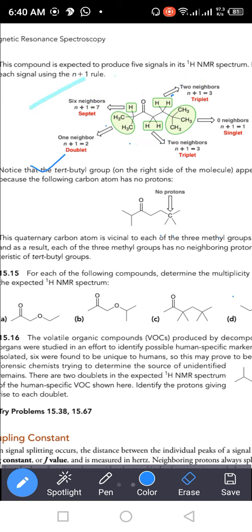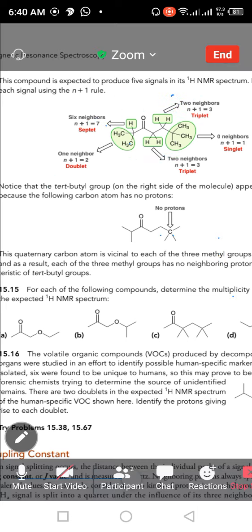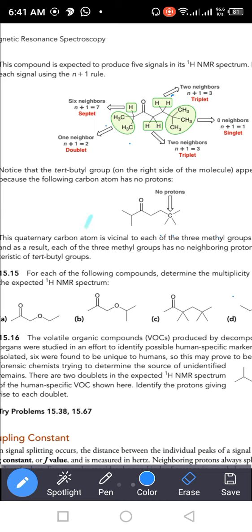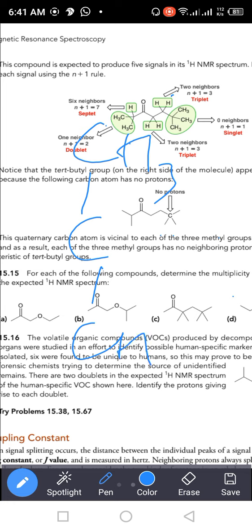Because these 9 protons have the structure I am just drawing here: CH3, CH3, CH3, and this carbon is connected to the other carbon.